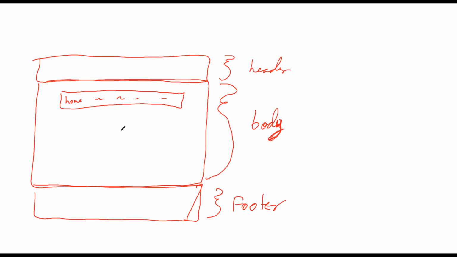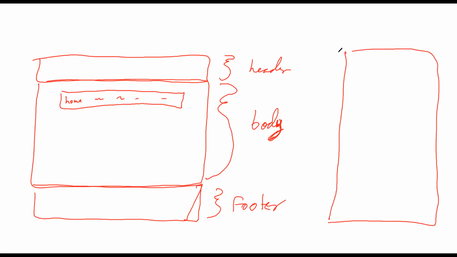Now this usually would be just a single website, right? A single HTML or a single PHP file, but now we're going to think about how to separate our files, or the parts of our web pages, into different components.